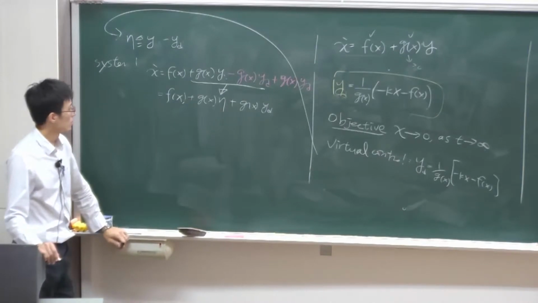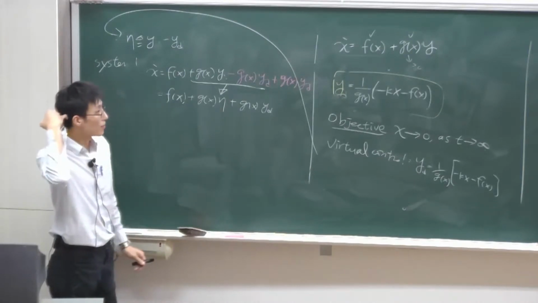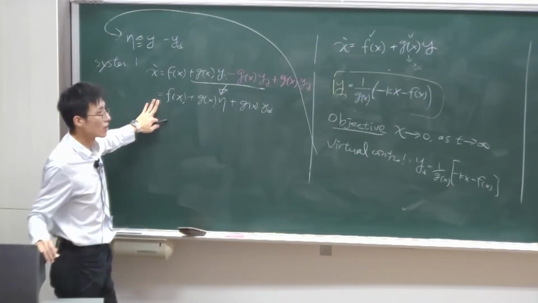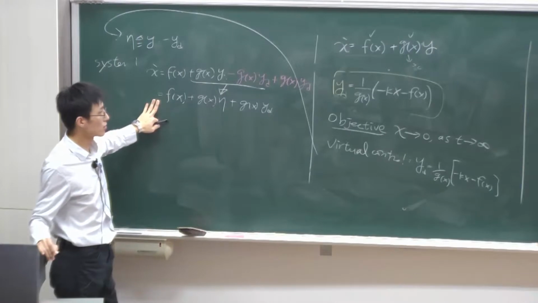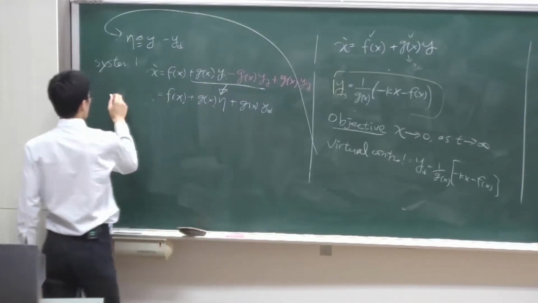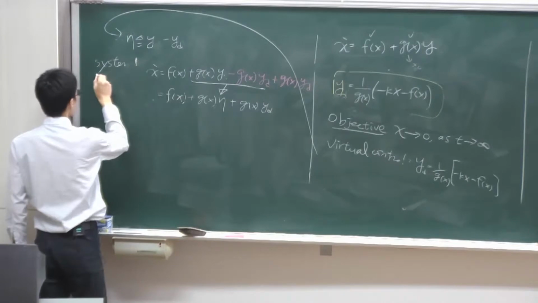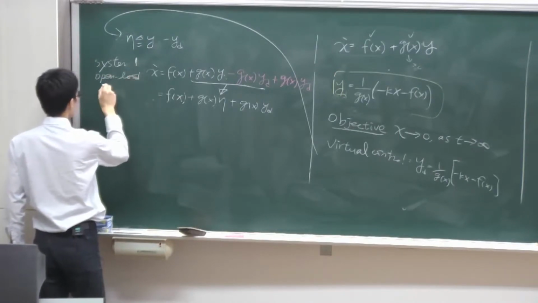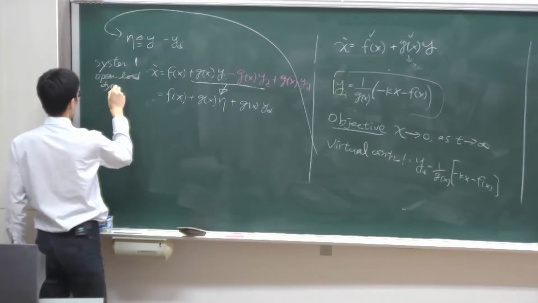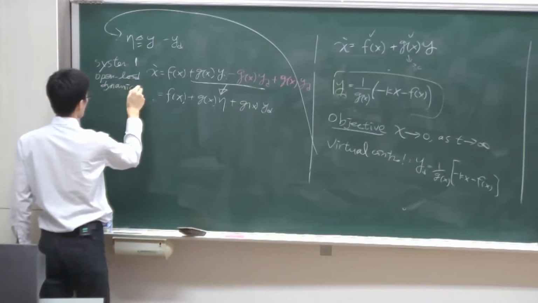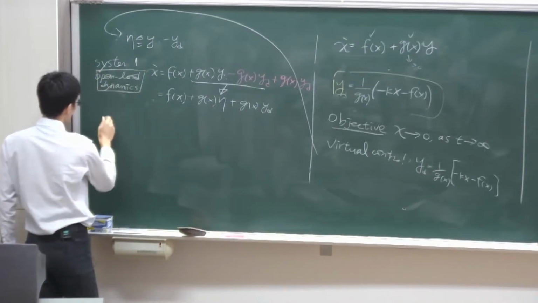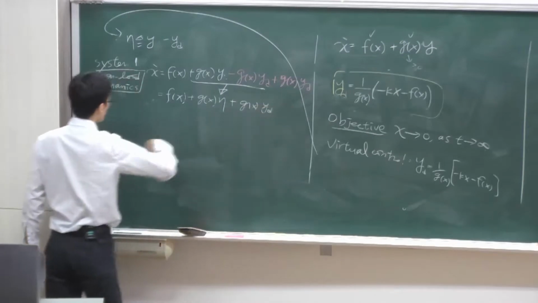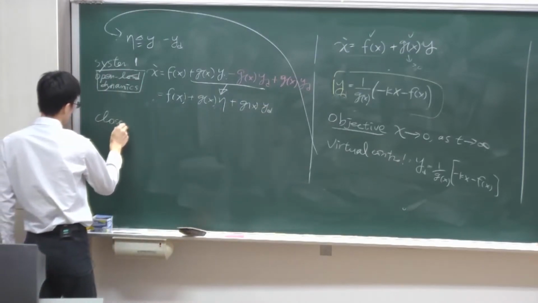So here is the open loop dynamics, and now we can substitute the virtual control input here to get the system 1 closed loop dynamics.